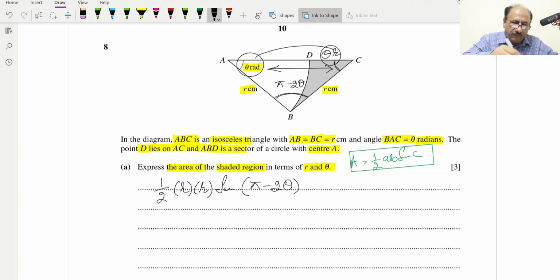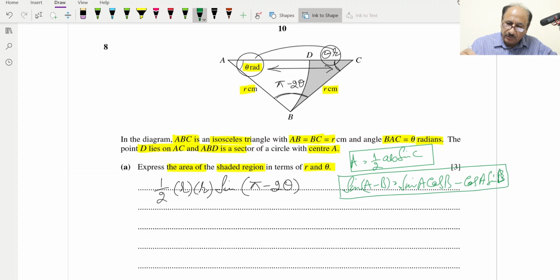Now we have formula like sine A minus B. Sine A minus B is equal to sine A cos B minus cos A sine B. This will be the formula which we will be using over here.